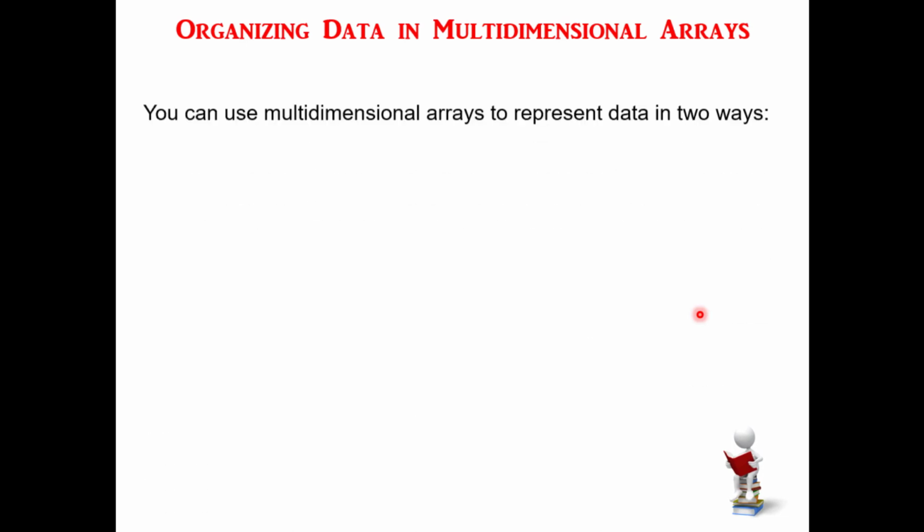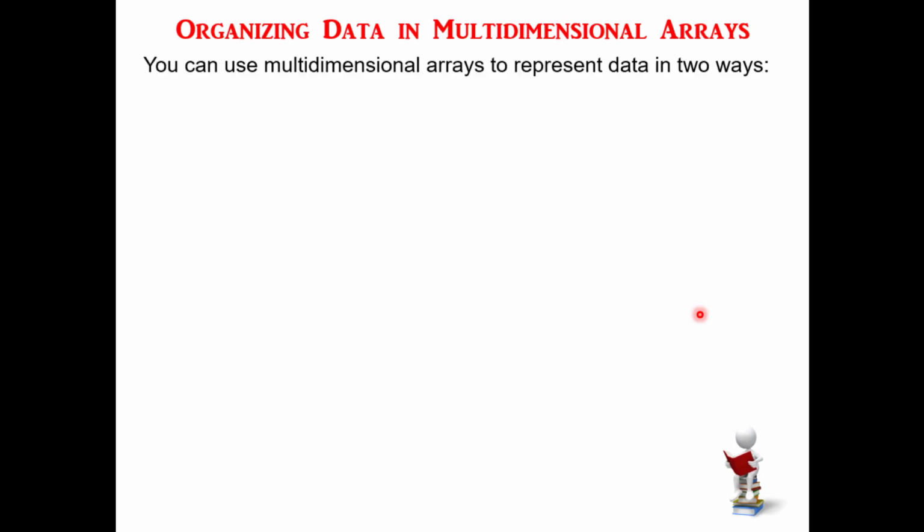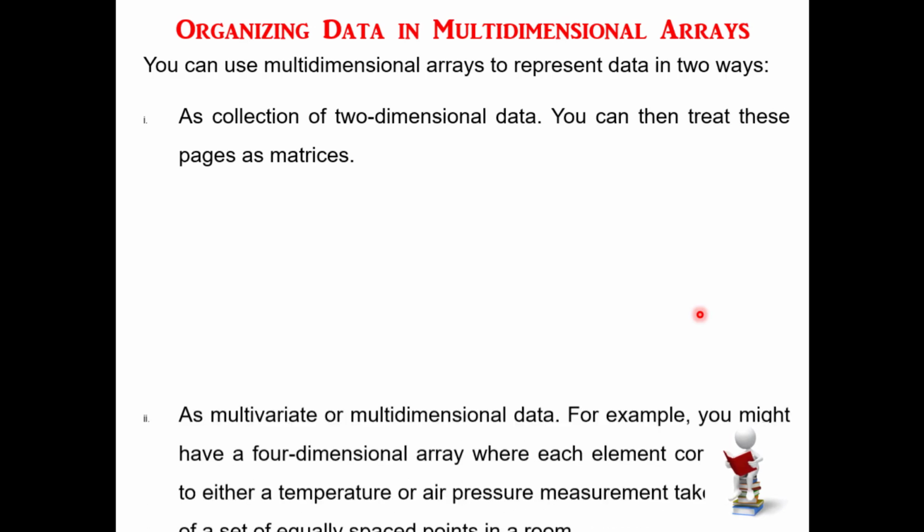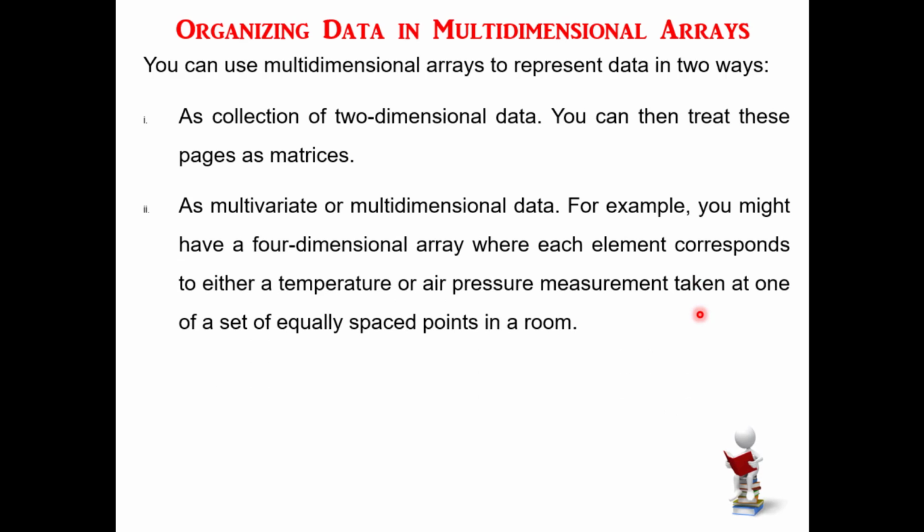How do we organize data in multidimensional arrays? You can use multidimensional arrays to represent data in two ways. The first way is as a collection of two-dimensional data, where you treat these pages as matrices. The second way is to look at it as multivariate or multidimensional data.